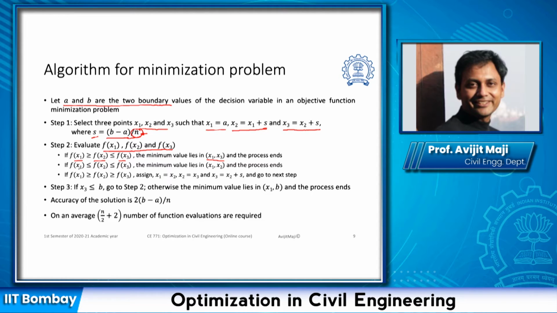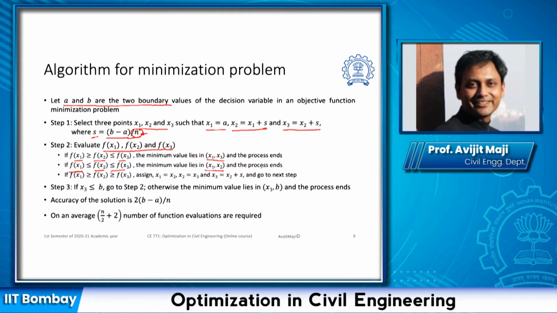If we find that the new points obtained from the initial point x1 are worse than the initial point, in this case we are using minimization, so the objective function values at those two points are higher than the value at the first point, it indicates that the minimum is going to lie between x1 and x2, and we can end the process.